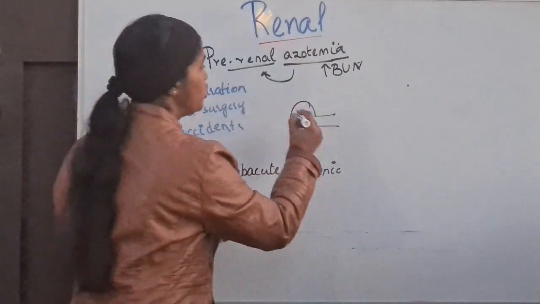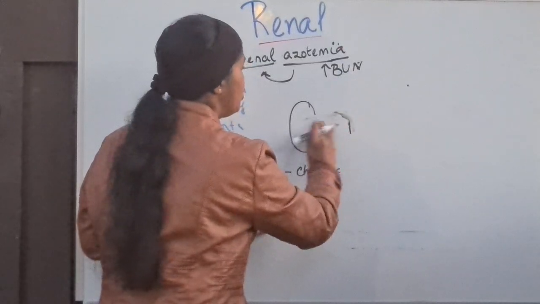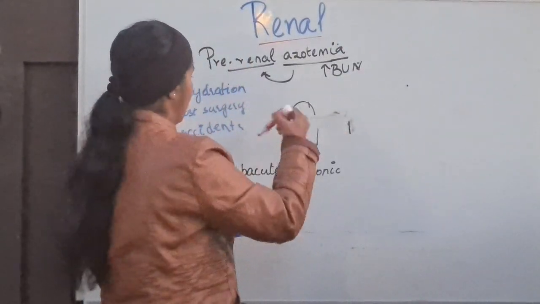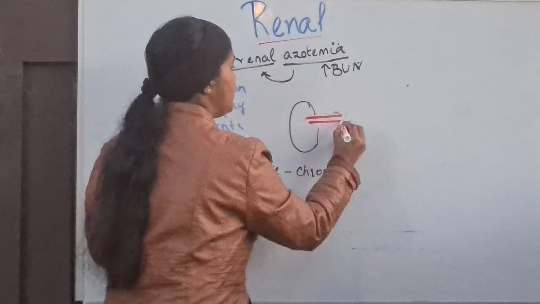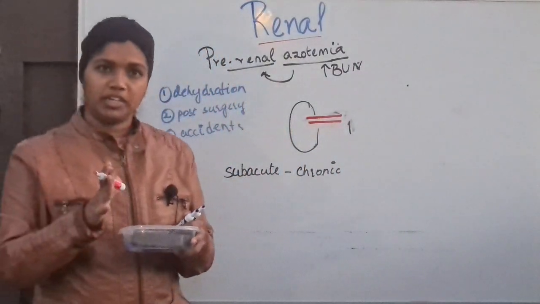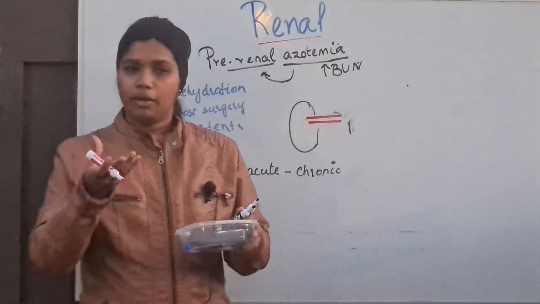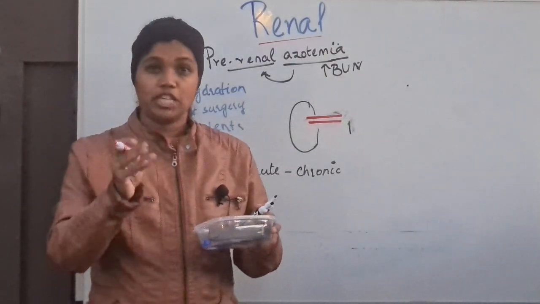Fine. So for the kidneys, we have the renal artery, right? Because of dehydration or any other reason, the renal artery is not able to supply adequate blood flow to the kidneys. Now what will the kidneys think? The kidneys think that the entire body is suffering from blood loss or decreased blood volume.